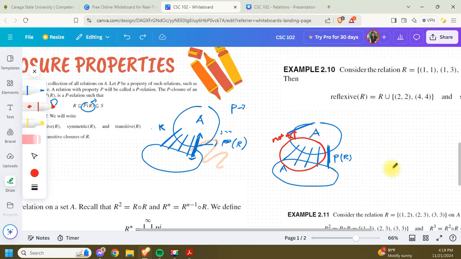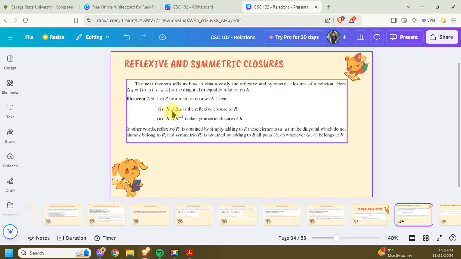So, say for example, this is your set of R, and you can just add here the reflexive property of a set. So your R, the set of all relations, has just been added all the reflexive properties of A, your set A. So we can say that we have enclosed the reflexive property of R.